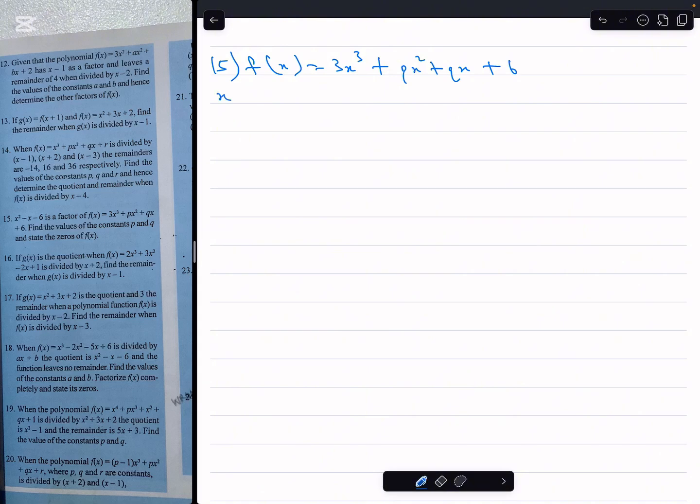If x squared minus x minus 6 is a factor of f of x, that means if we factorize x squared minus x minus 6, the factors of x squared minus x minus 6 will also be factors of f of x. You don't need to write long stories.